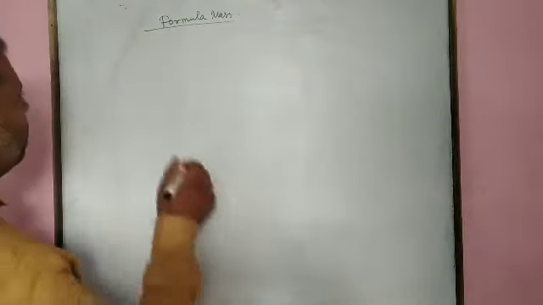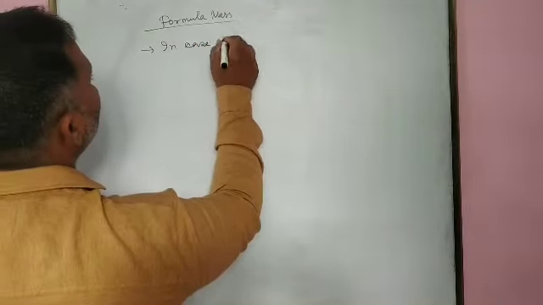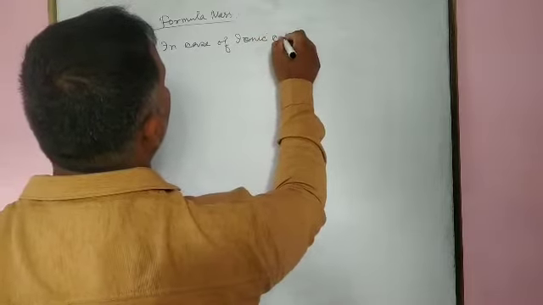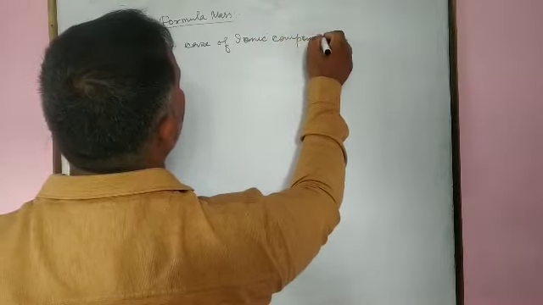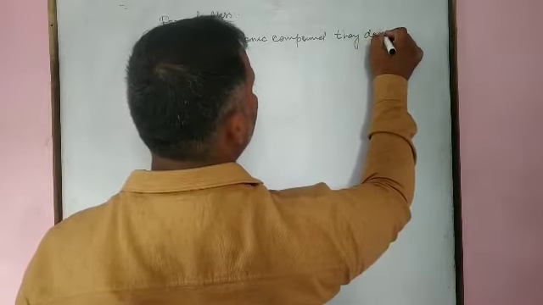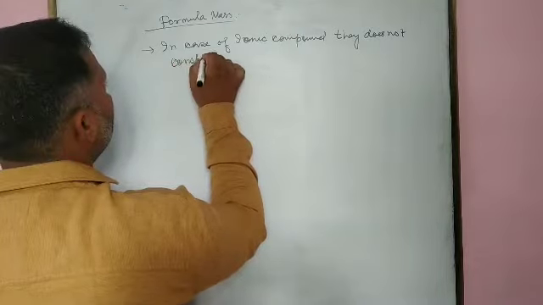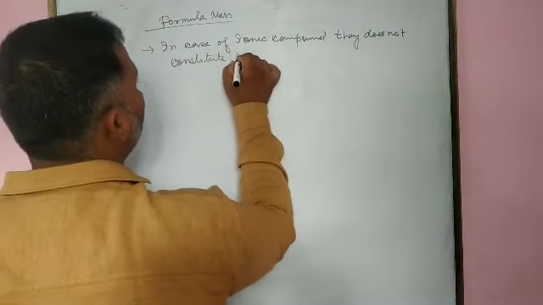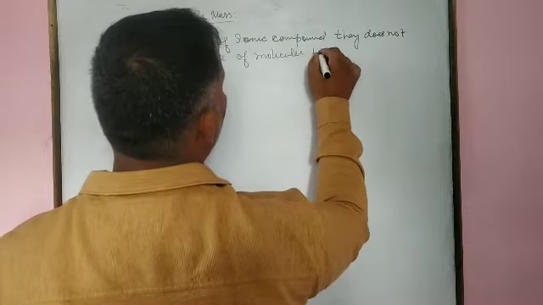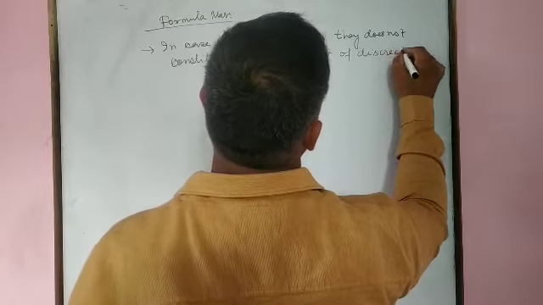Formula mass: in case of ionic compounds, they do not consist of molecules, but of discrete ions.